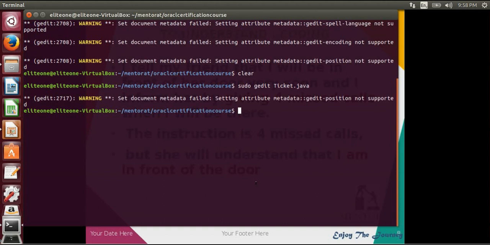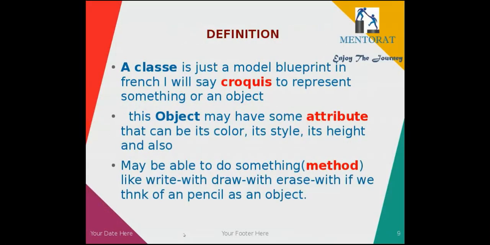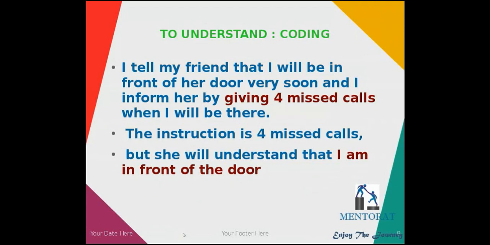Before we start coding or build each of our classes, I want you to understand what coding is, and I will take a simple example for that. Let's think about that. I tell my friend that I will be in front of the door very soon, and I inform her by giving 4 missed calls when I will be there.